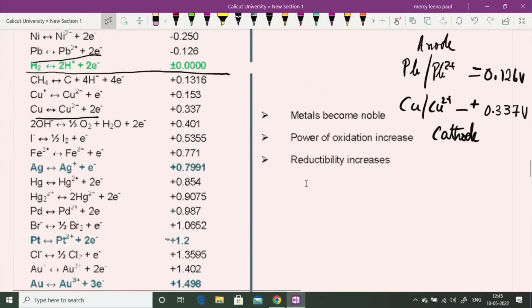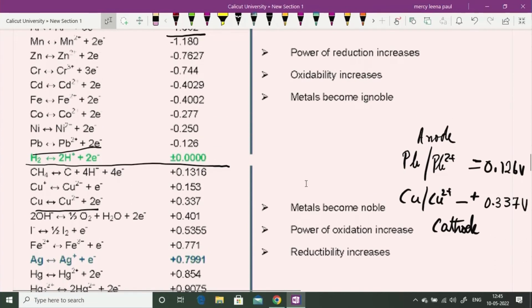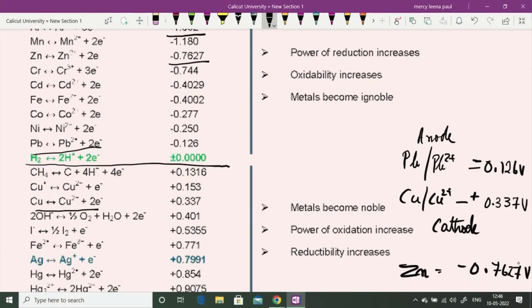Now, how will you explain this with respect to the electrochemical series? We are taking two, zinc and copper. Copper we have already seen, just now I have marked it, that is copper with a potential of 0. It is written here. Now, what about zinc? Zinc has got a value of minus 0.7627 volts.